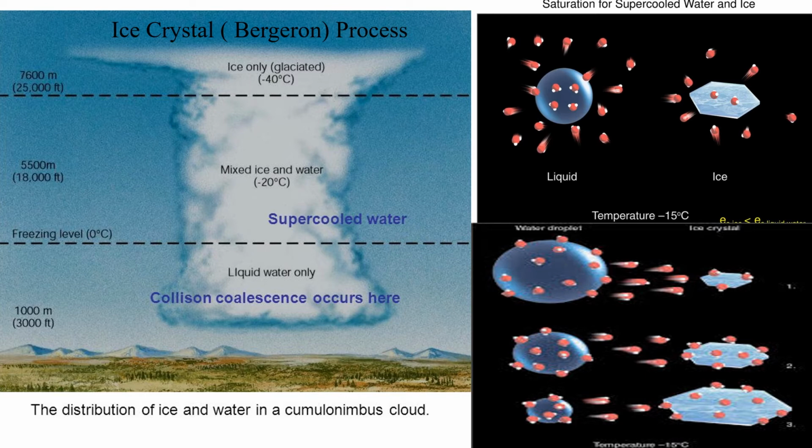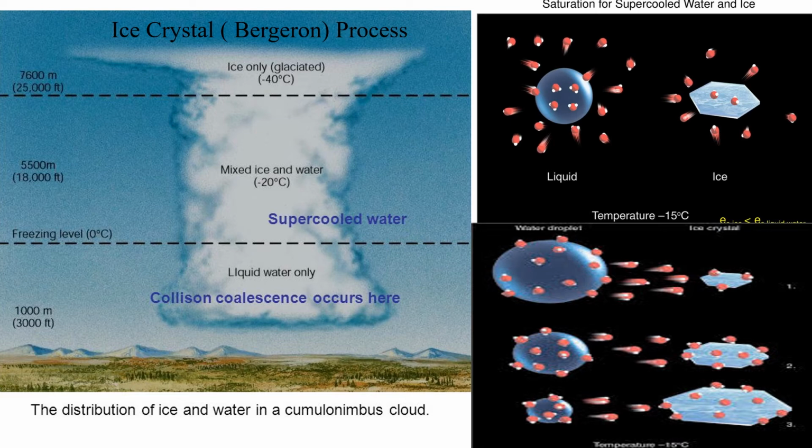Water droplets existing at temperatures below the freezing point are referred to as supercooled droplets or supercooled water. Even at a higher level, where the air temperature is minus 10 degrees centigrade, there is only one ice crystal for every million liquid droplets.